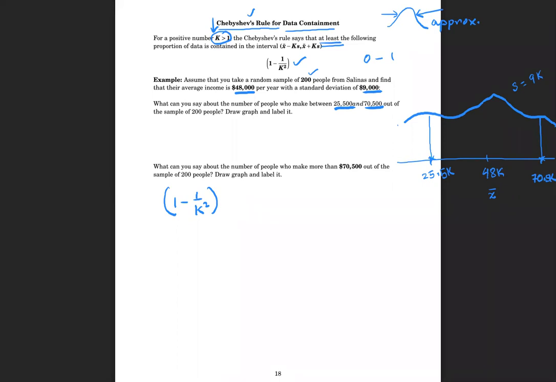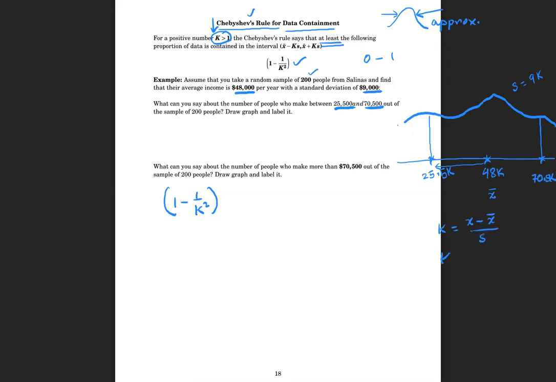Now, if you start off at 48,000, how many standard deviations would it take you to get to 25,500? The easy way is to use the z-score formula, but instead of z we are going to use k: x minus x bar divided by s.